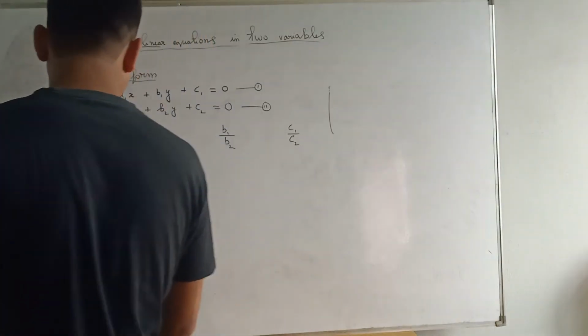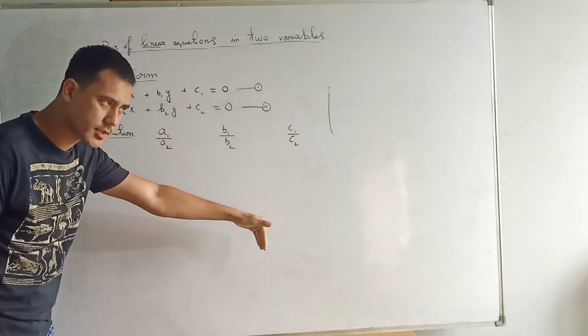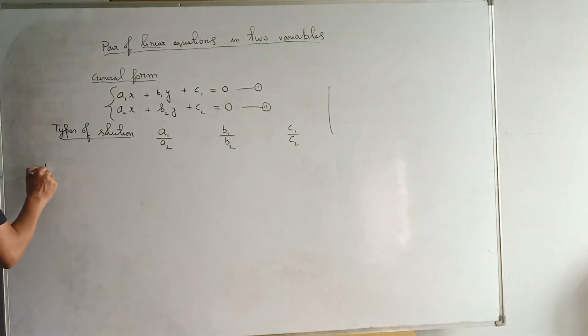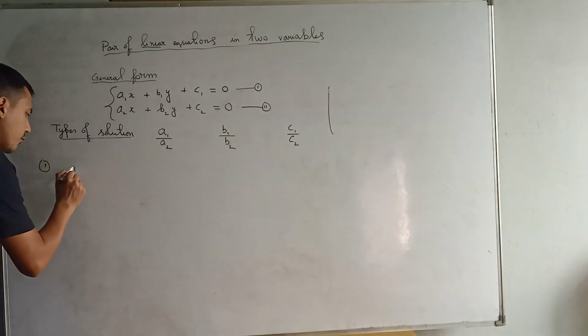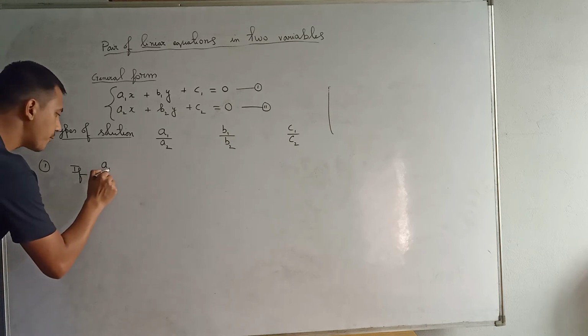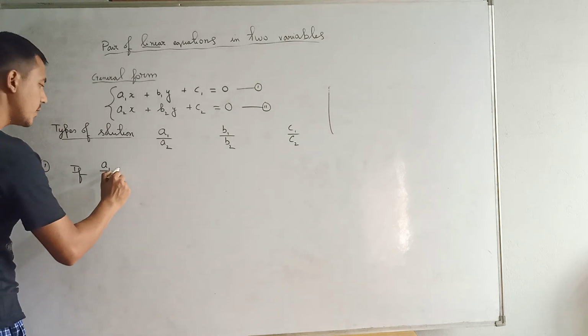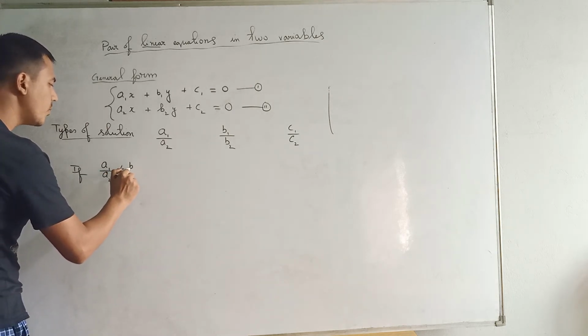Now, in order to determine the types of solution, we find out the ratio of A1, A2, B1, B2, and C1, C2. Now, the first one, if you observe that the first ratio A1 upon A2 is not equal to B1 upon B2.